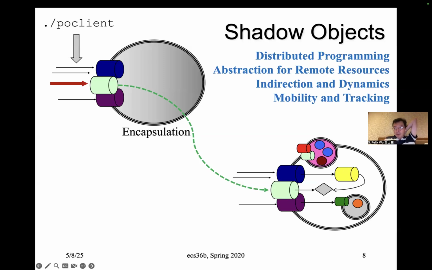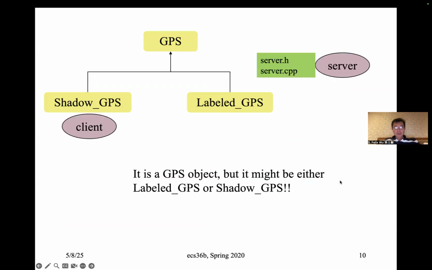Okay, before I show you the code, I'm also going to show you the inheritance hierarchy in our example. This is the inheritance hierarchy we're going to see in CPP09. Previously we had GPS as a base class, and then we had label GPS as a derived class, whose main point is to introduce a label.